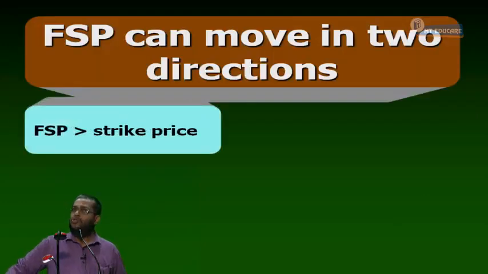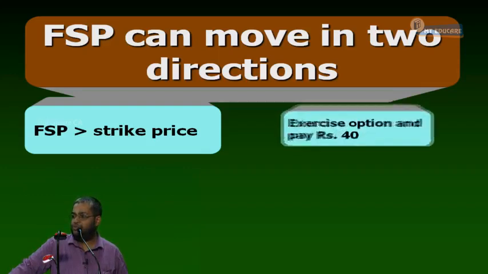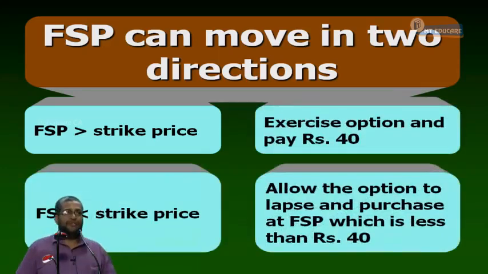Point number 5. FSP can move in 2 directions. Branch it into 2. First branch, FSP greater than strike price.